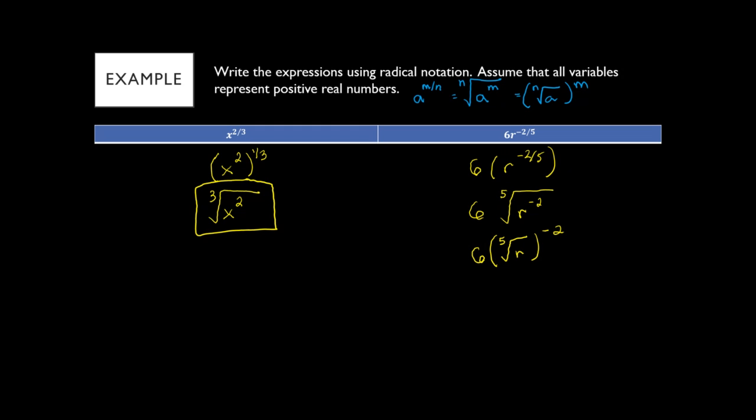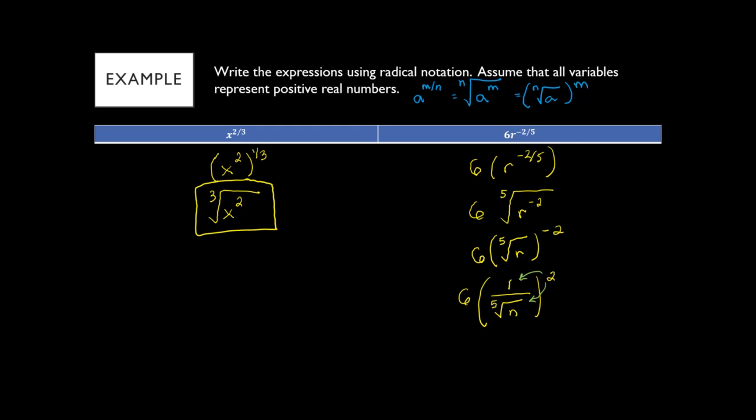So that negative exponent, that means you take the reciprocal. So that's going to become 1 over the 5th root of r, and then squared, and then I've got that 6 in front. And that 2, basically, you can apply that to the top and the bottom. So that outside exponent gets applied to the top. 1 squared is still 1. And then to the bottom.